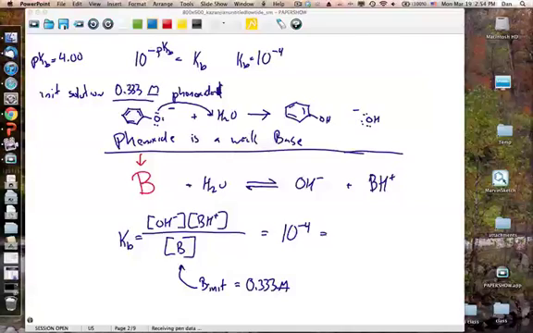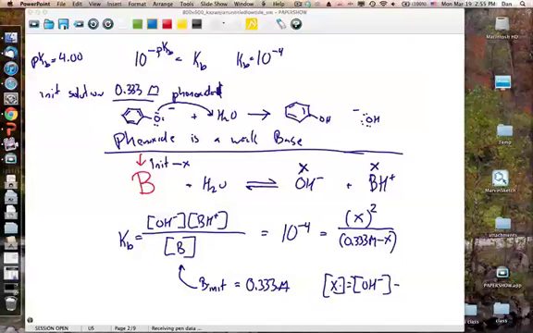Through the beauty of chemistry, we know that for every one of these that decomposes, whatever the initial amount is minus whatever decomposes, produces one hydroxide and one BH plus, and we can plug those all into our equilibrium statement to obtain a value of X, the hydroxide ion concentration, if we rearrange and solve.